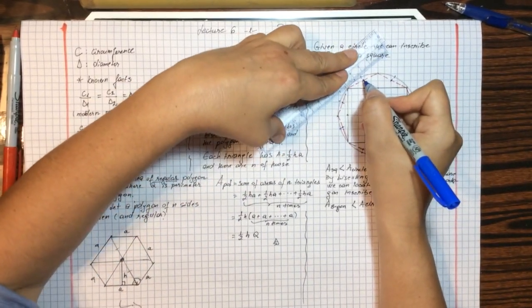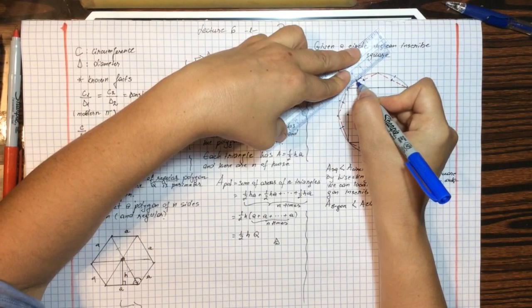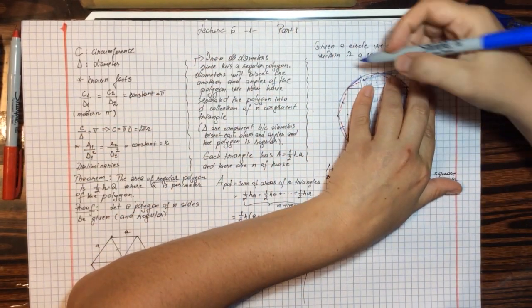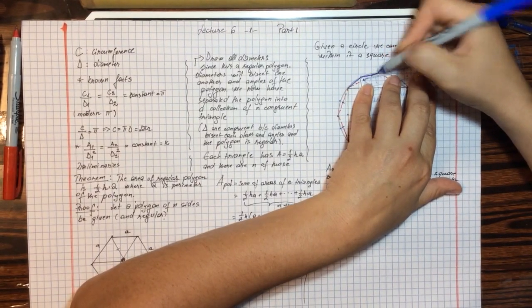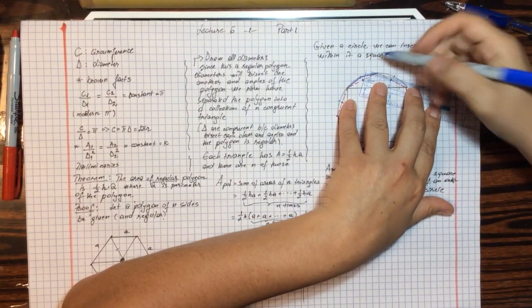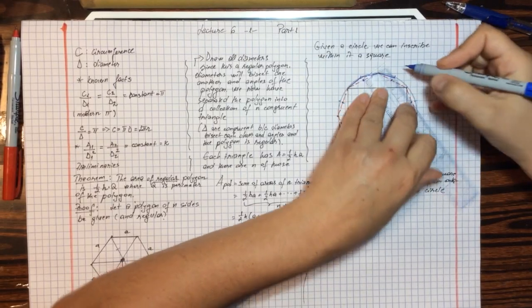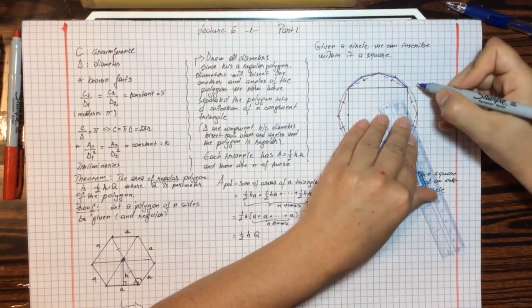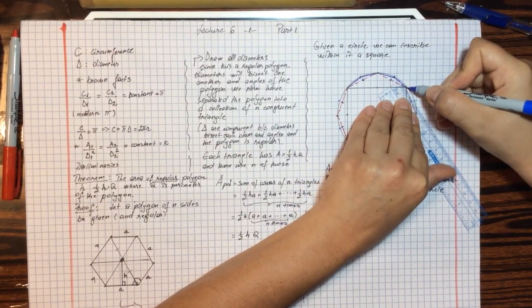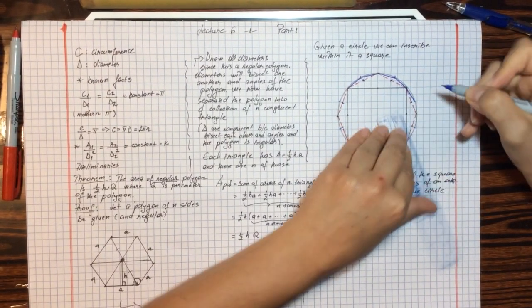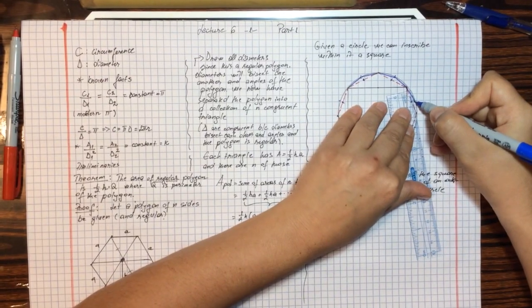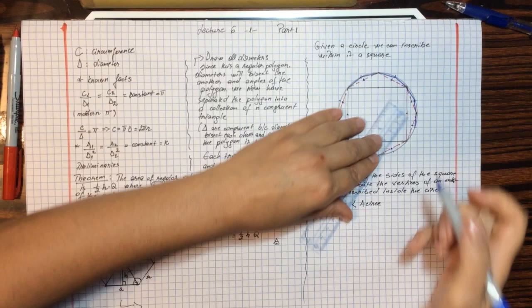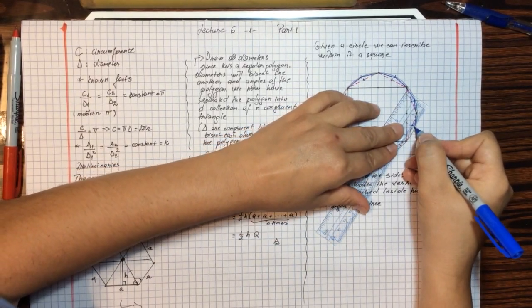Okay. So the 16-gon, if you will, is the blue one. Okay. Bear with me until I finish this.